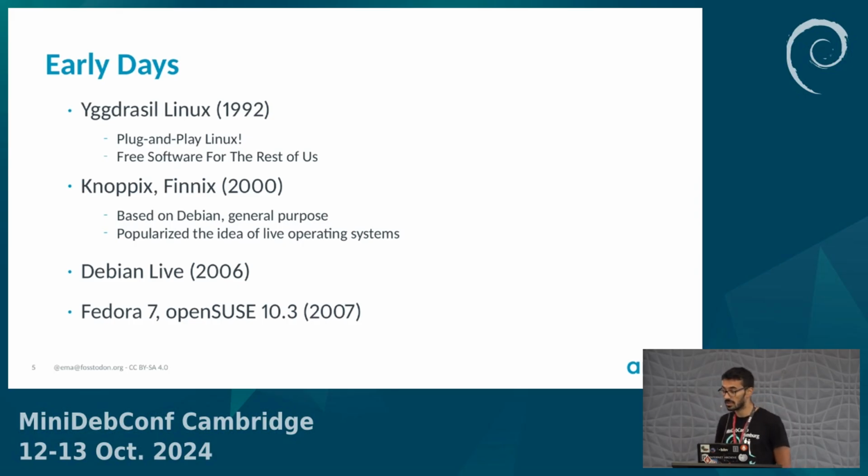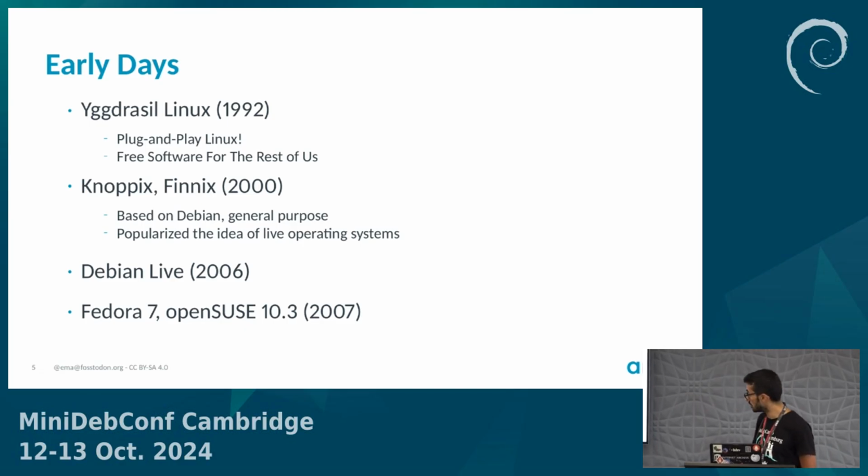At least, working as a sysadmin, I know that lots of people had a Knoppix CD somewhere that they could use to fix Linux systems that got screwed up when running Lilo, or Windows machines that had viruses and those kinds of things. Debian Live, which is the topic of this presentation, came out in 2006, and Fedora and OpenSUSE also had live versions of their distros, starting from 2007.